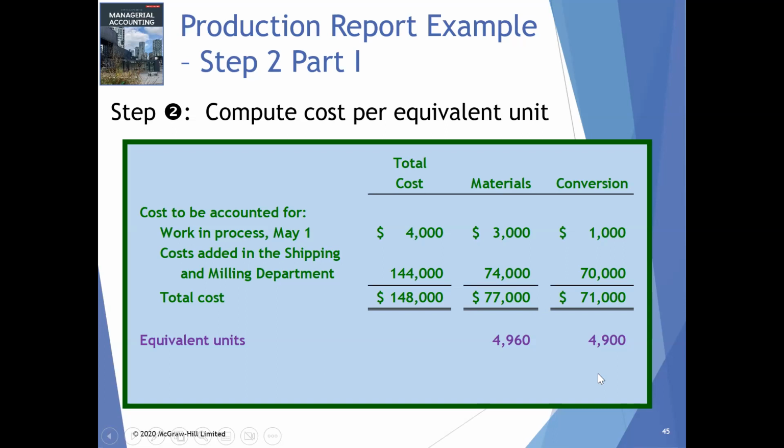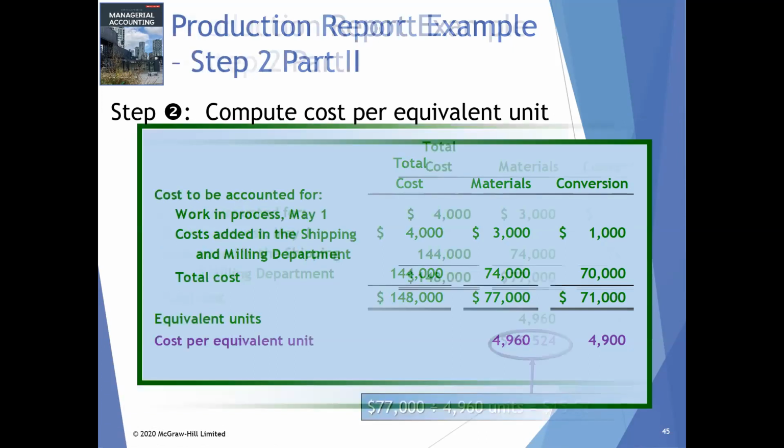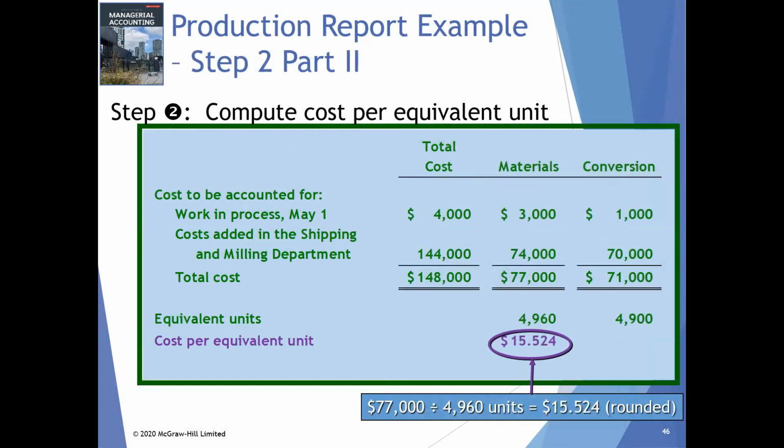Part two that we have completed: step two means the computation of cost per unit that we are going to calculate now. So here 77,000 divided by 4,960 is 15.524, rounded.